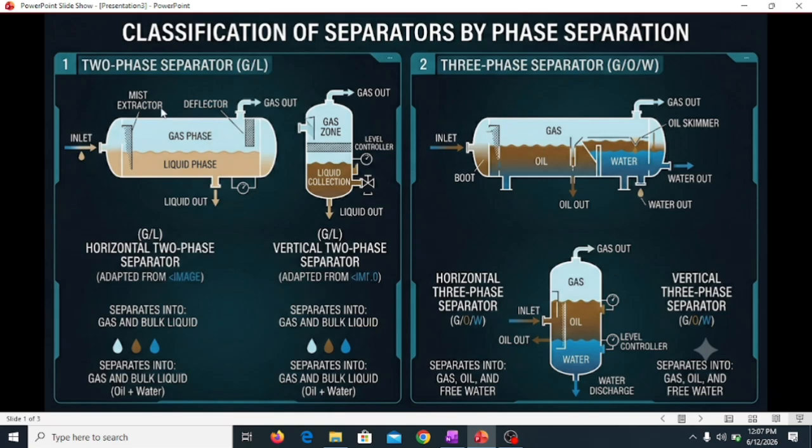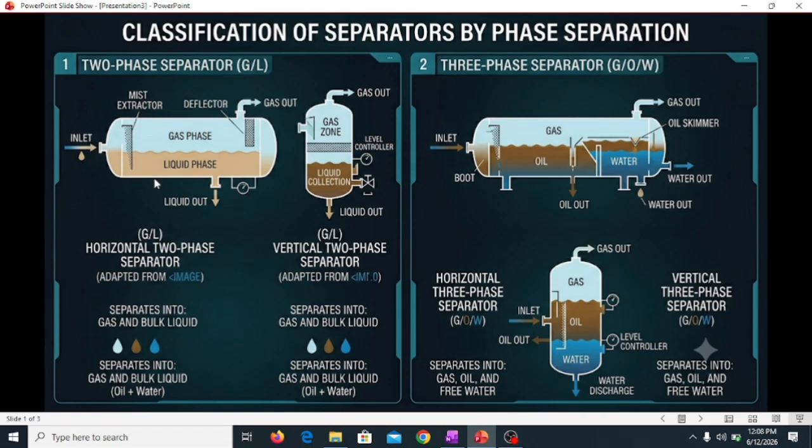At the end of the video, when you see a vertical or a horizontal separator, you will know without anybody telling you whether it is a two-phase or a three-phase separator. So let's come to the two-phase separator.